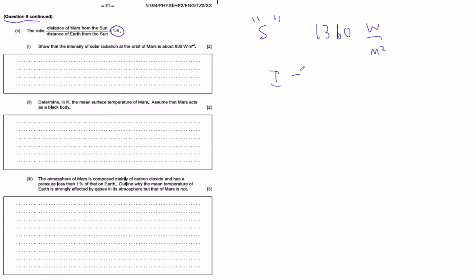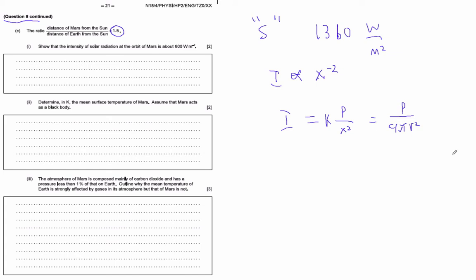There's a formula in the packet that's totally useless, but it says intensity is proportional to x to the minus 2. That just means intensity is power divided by some constant times x squared, which we actually know is power divided by 4 pi r squared.